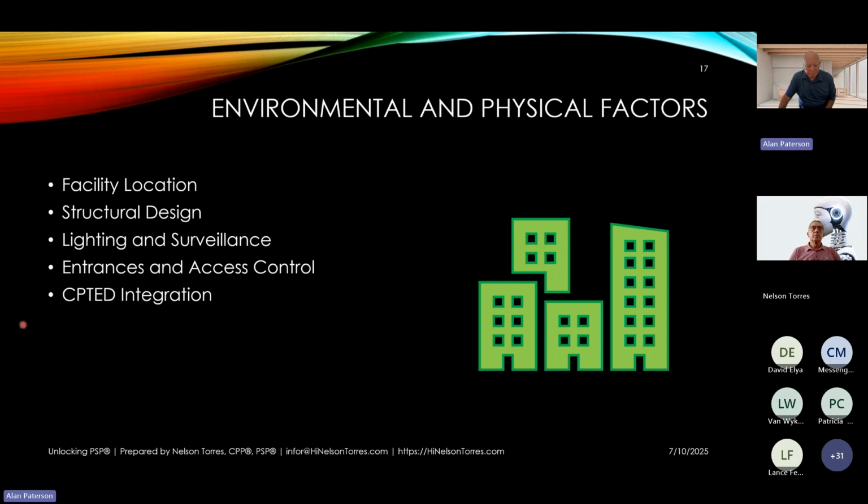CPTED integration. So this is, of course, as we mentioned, crime prevention through environmental design. That should be used to deter intrusion through strategic design, enhance visibility, including your lighting, and territorial reinforcement, and design user-friendly and aesthetically integrated defenses.